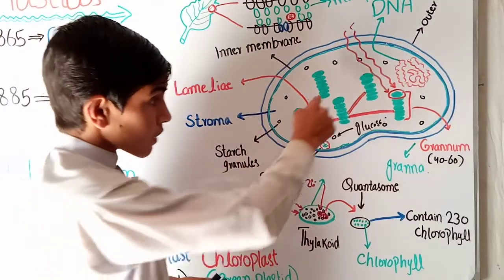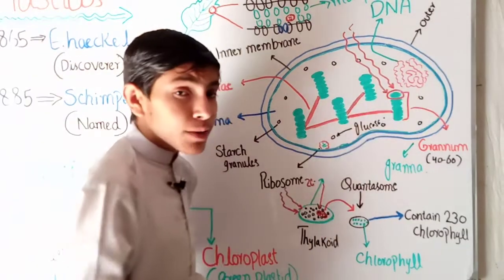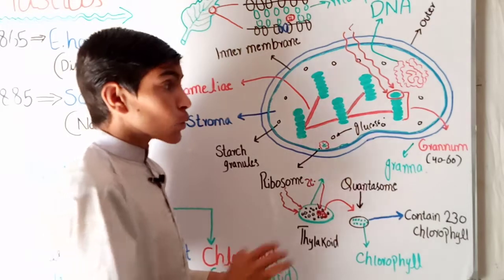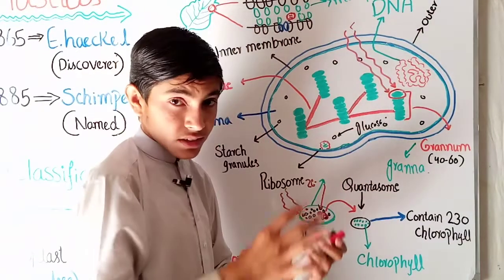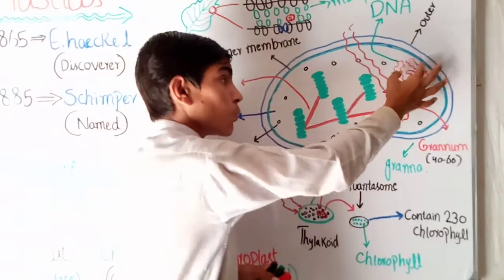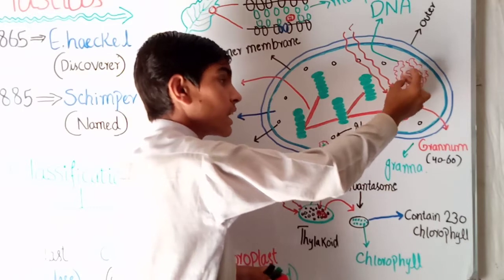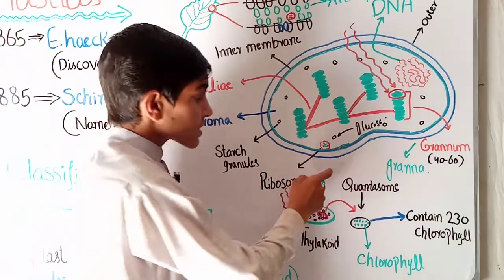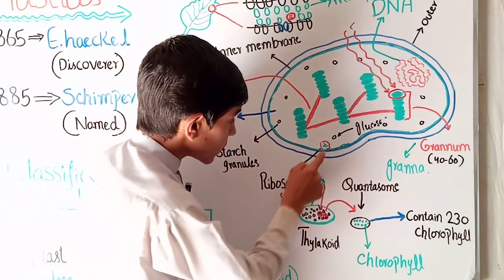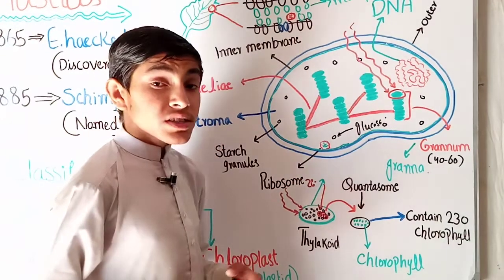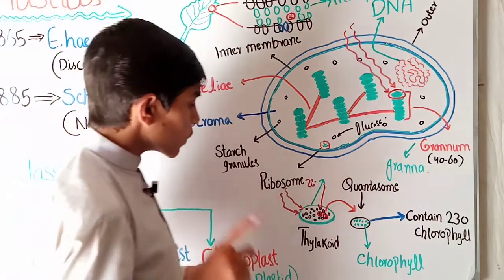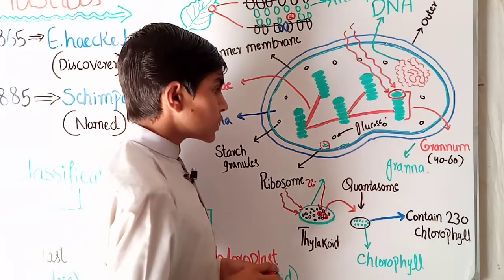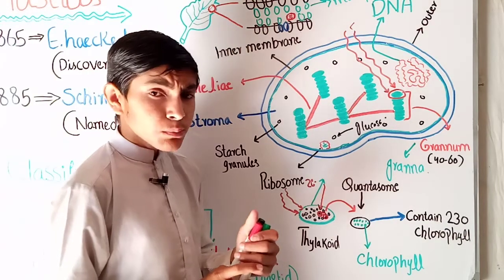But these DNAs are not for genetic purposes. These are only for what? Protein synthesis. These DNA will send messenger RNA, and then will order this ribosome, this is the ribosome, to synthesize the protein. But the mitochondria is a little different.